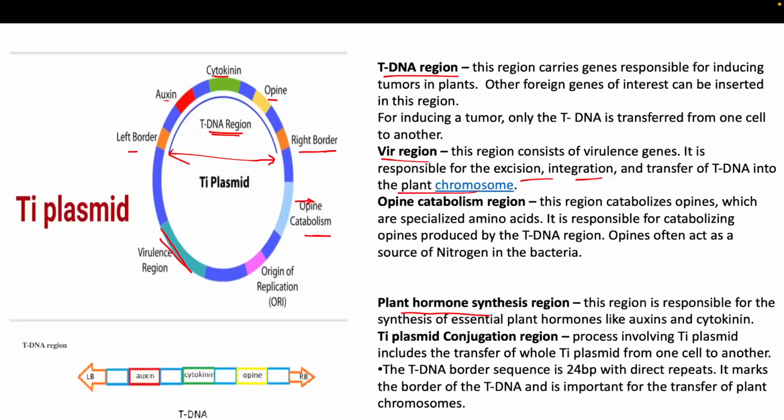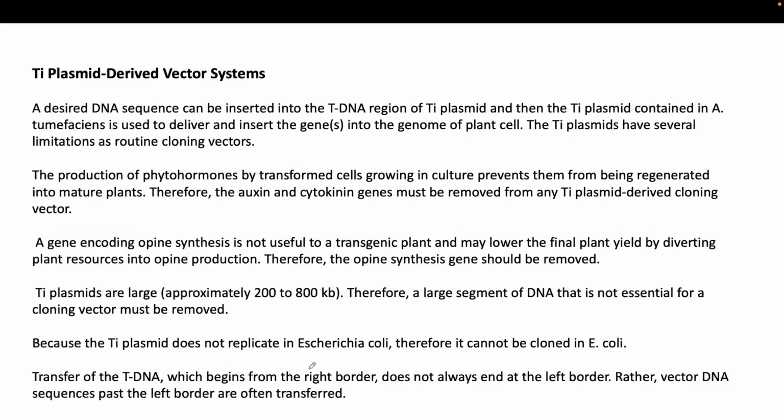Okay, then the transfer of T-DNA, which begins from the right border, doesn't always end at the left border. Rather, vector DNA sequences past the left border are often transferred. Sometimes the left border is also required, but as I told you earlier, experiments have shown that when you delete the right border, the transfer process is inhibited, but this is not so with the left border sequences.